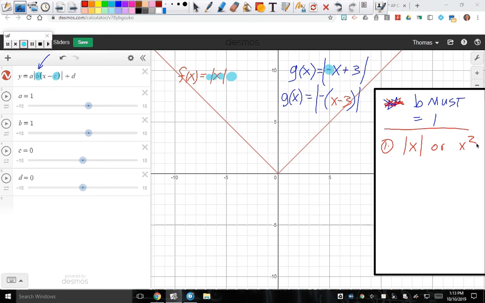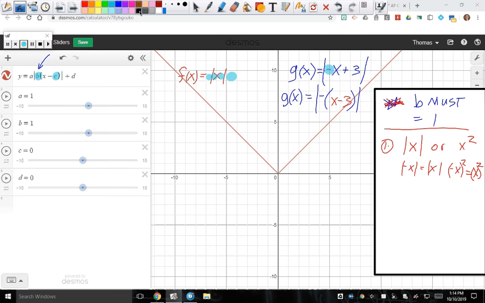And the reason why what I'm about to show you only works for these 2 is because the absolute value of negative x is the same as the absolute value of x, and also because the negative x squared in parentheses is the same as a positive x squared in parentheses. They're both the same values.